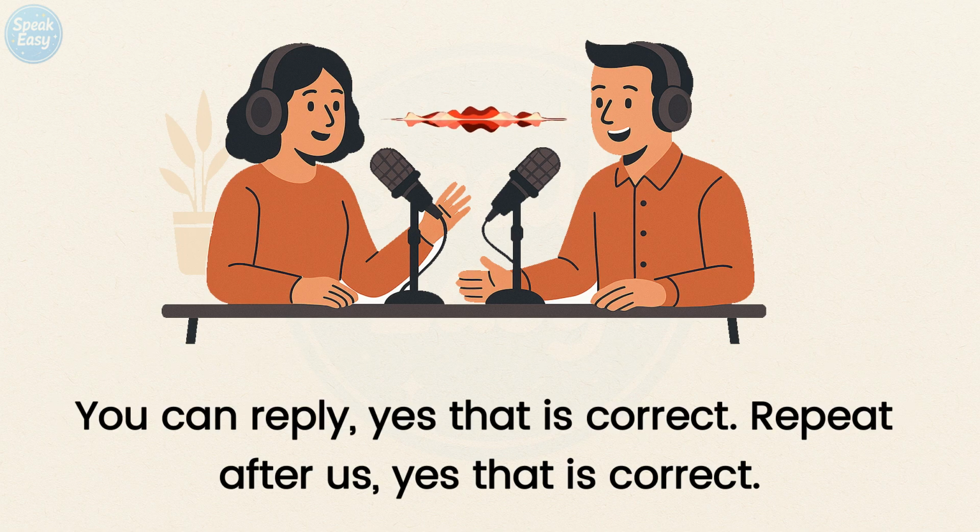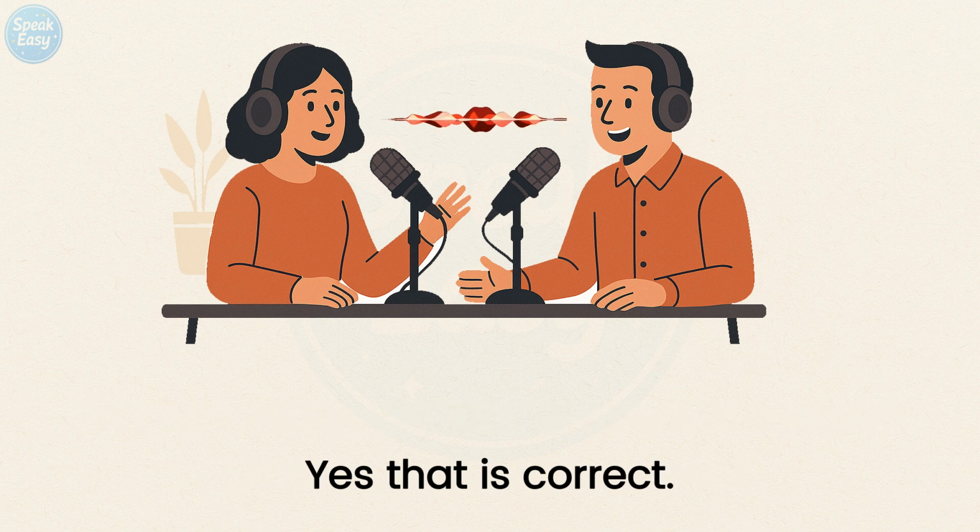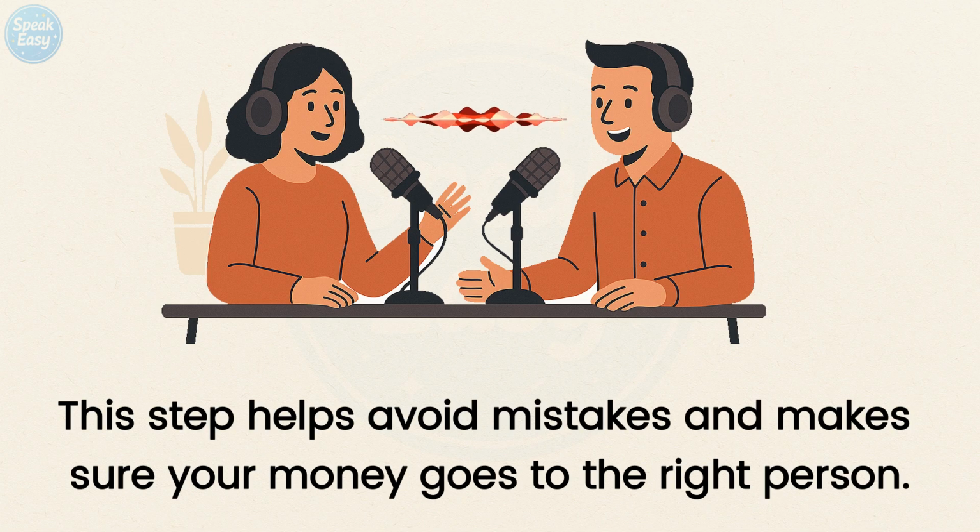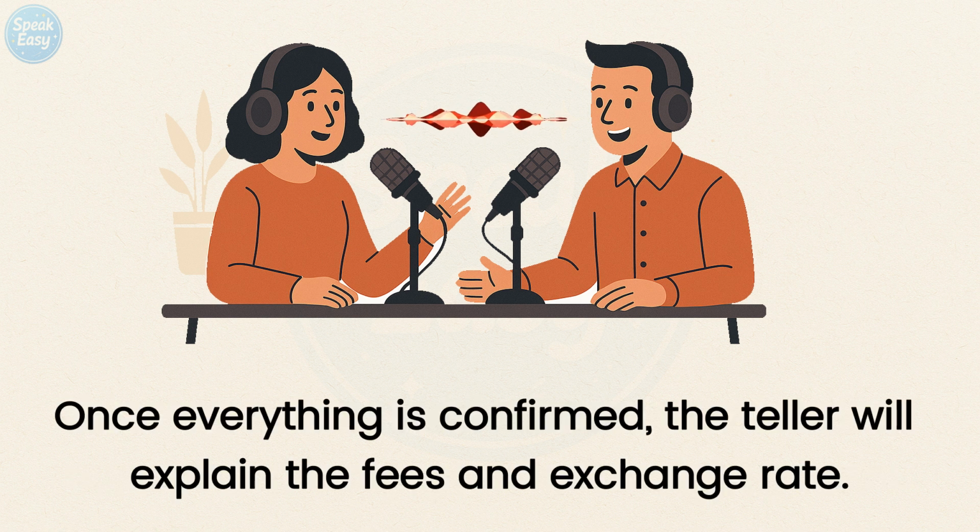You can reply, "Yes, that is correct." Repeat after us, "Yes, that is correct." This step helps avoid mistakes and makes sure your money goes to the right person. Once everything is confirmed, the teller will explain the fees and exchange rate.